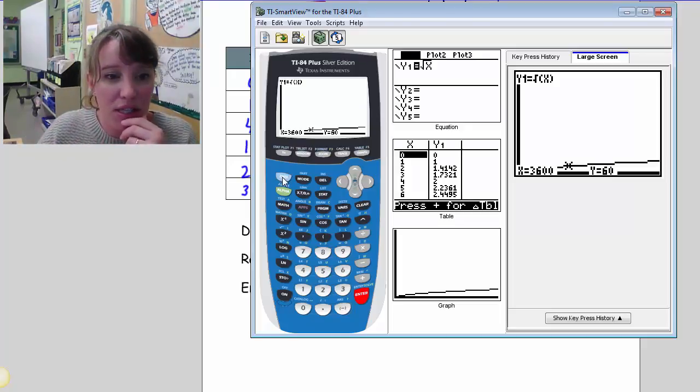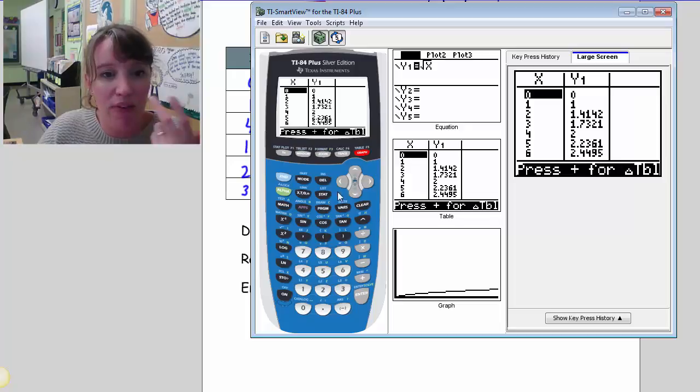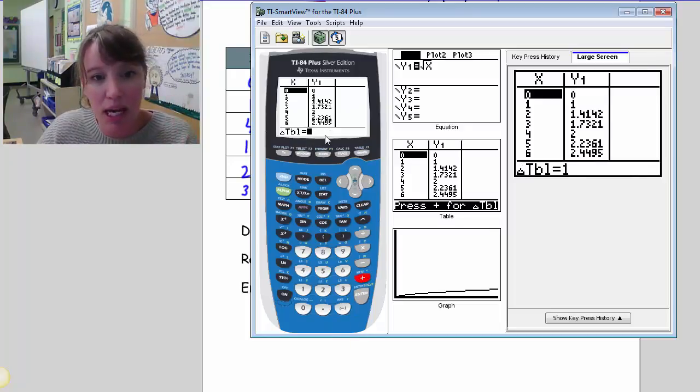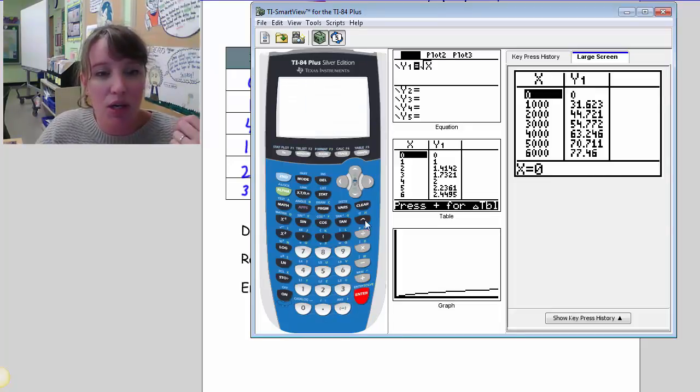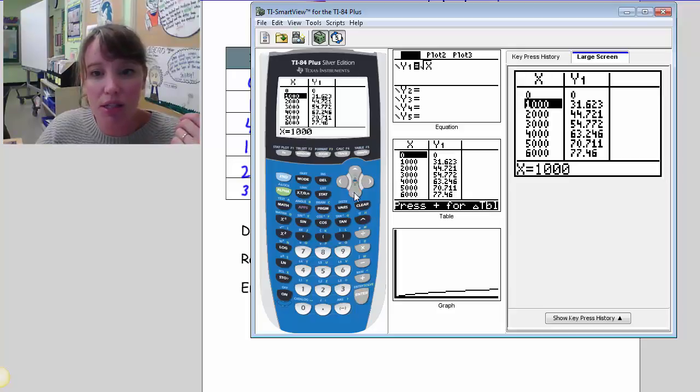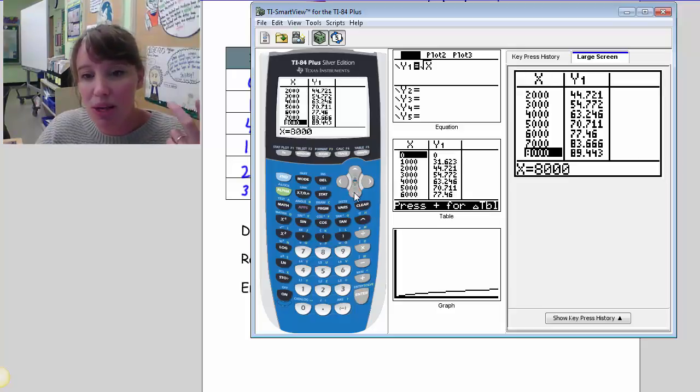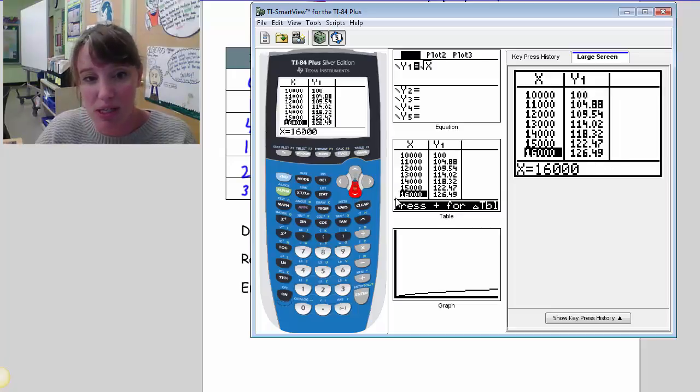So if I look at the table, if you press the plus key and say that you want the table to increase by, let's say 100 each time. You know what, let's go crazy, let's say 1,000. So it's going to go 0, 1,000, 2,000, and so on. So even at large values of 15,000, it's only 126, right?